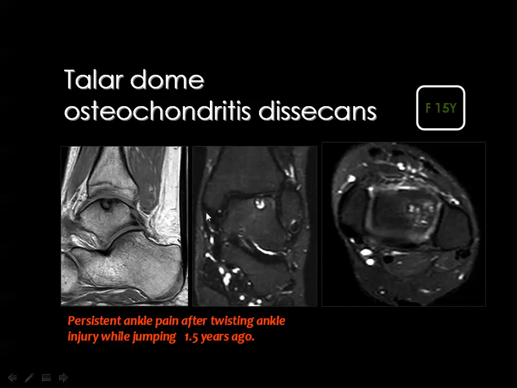This is an appearance of grade 2 avascular necrosis of the talar dome. You get the line separating the dead bone inside, which is of fluid signal, from the viable bone outside.